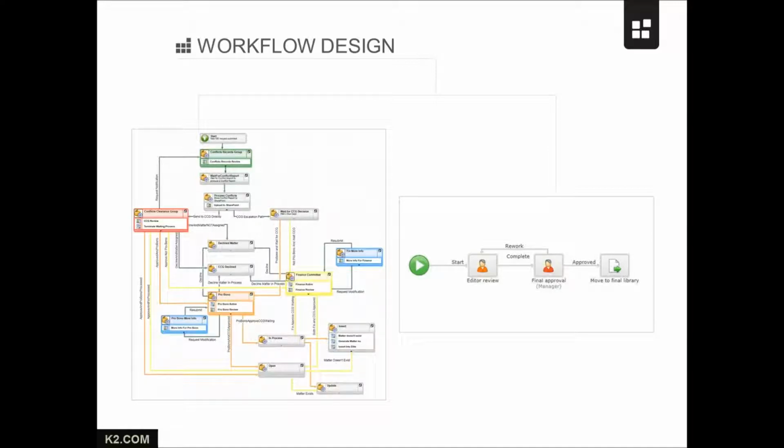Getting back into process design, one of the differentiators of K2 is the extent of the designers that we have offered. There are several, but fundamentally, we enable the high end of the business analyst, somebody who says, hey, I understand the business process, give me the tools to render that process within a GUI interface.